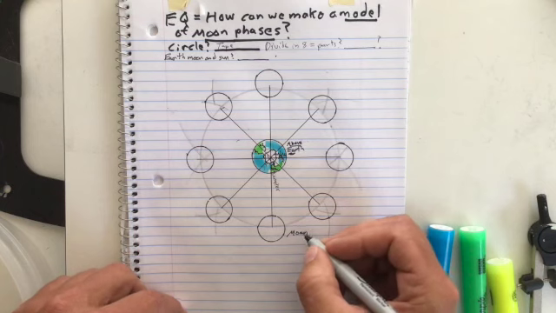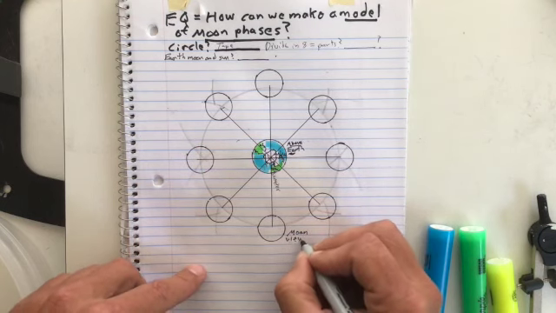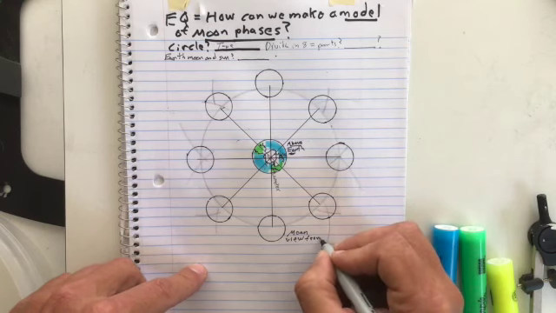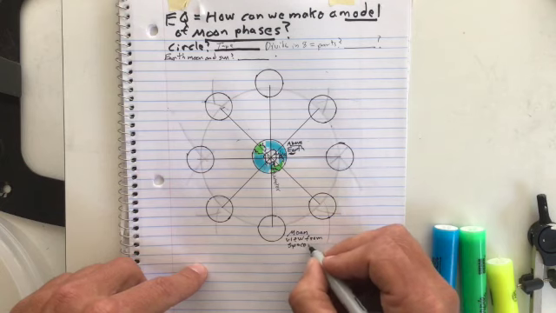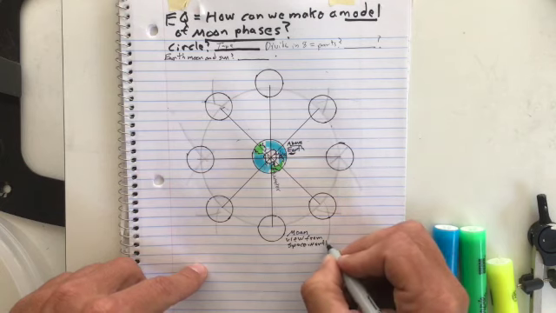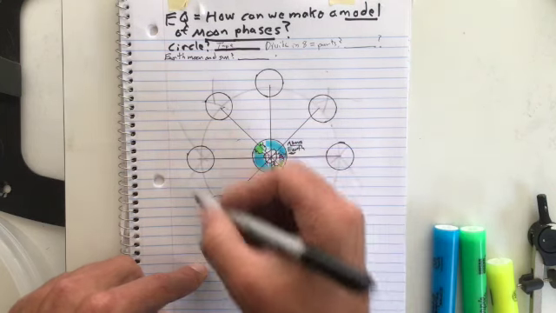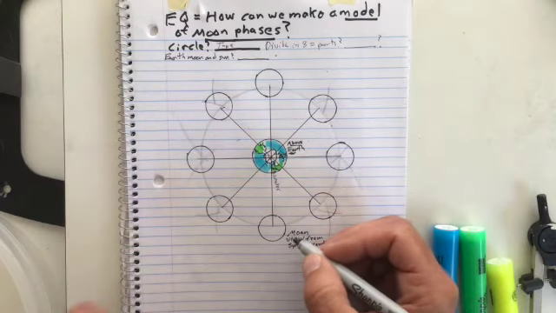And what's very important, this model's a little tricky. This is because of point of view. Point of view is the way you look at something. So this is our view from space, and this would be north. So we're looking down on the Earth. We're also looking down on the moon. So that's what's going on here.